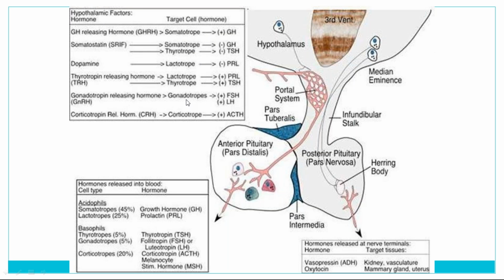In the pituitary gland there are 5 types of cells: somatotropes, thyrotropes, lactotropes, gonadotropes and corticotropes. These cells secrete different types of hormones. For these cells to secrete these hormones, there are hypothalamic factors released from the hypothalamus, which in turn regulate the release of pituitary hormones.